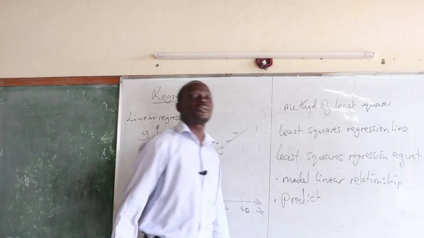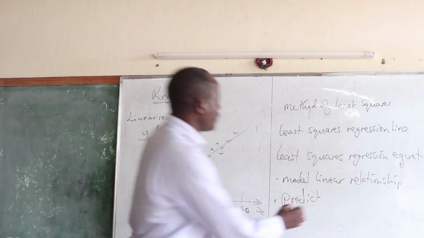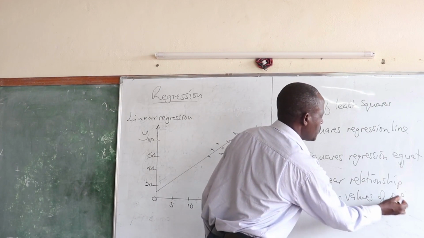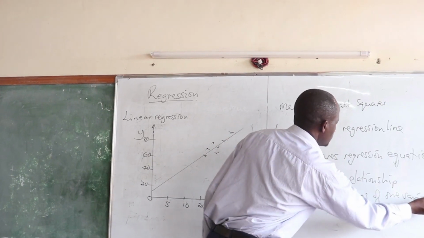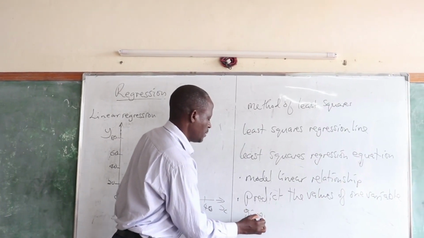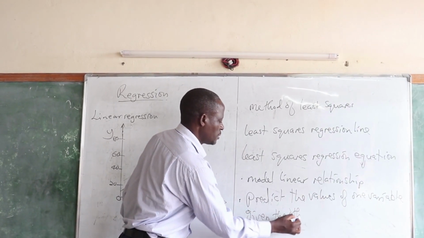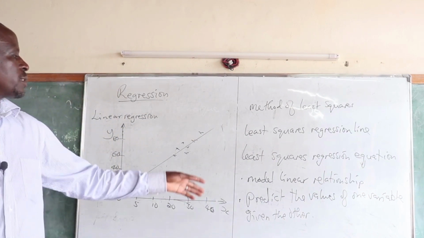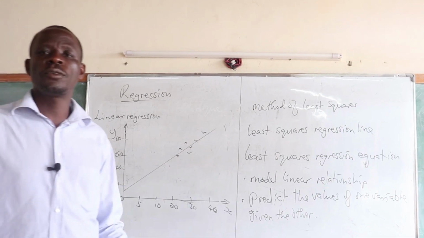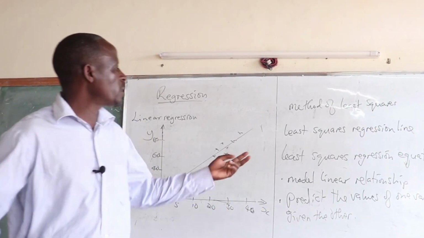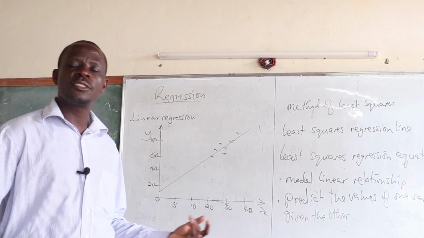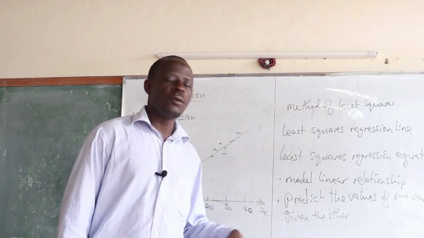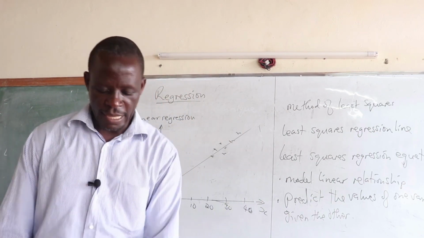So the linear regression equation is used for prediction: to predict the values of one variable, given the other. So these are the two important things that we use the linear regression equation for: determining the model of the linear relationship, but at the same time being able to predict the values of one variable given the values of the other.